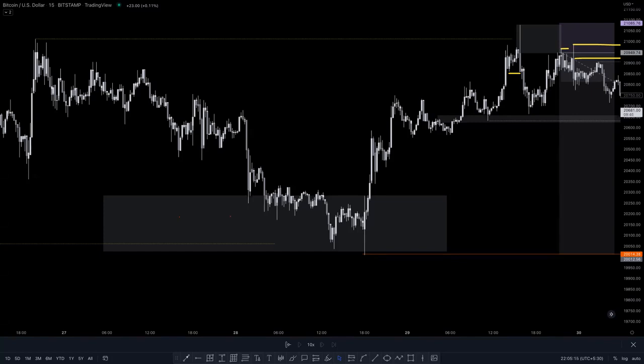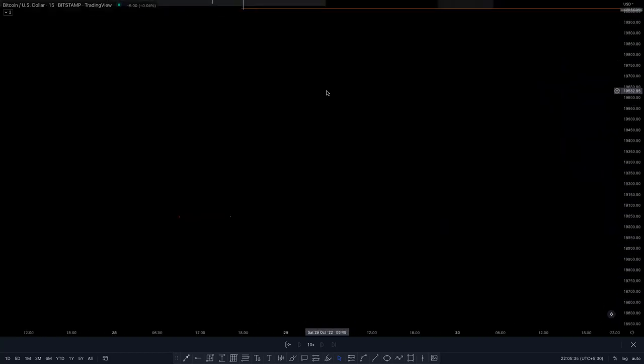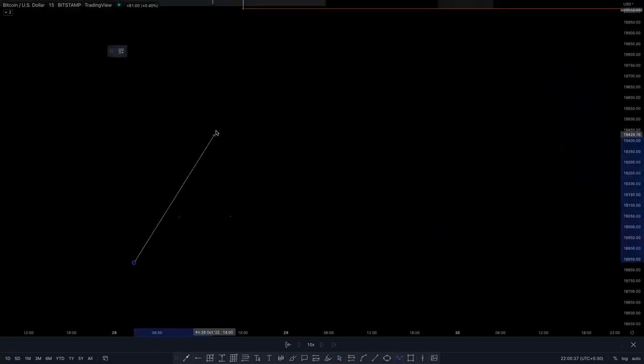If there is no inducement, then wait for the inducement to be created, or you can sell on an order block fail. Like if any order block is created here and there is no inducement, then you have to wait for the order block to fail. Let me show you exactly. It is here, right? And then how can we sell?